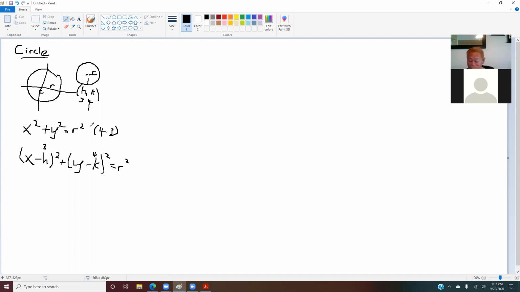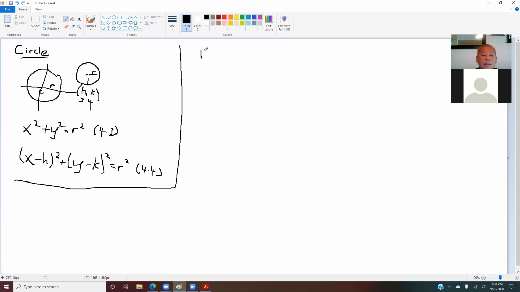It's kind of like your parabola, that we learned, where you have (h, k) and the signs are switched. This will be on 4.4. So the difference between 4.3 and 4.4 is that in 4.3 everything is at the origin, but once you move your center or your vertex into another position, then it's 4.4.